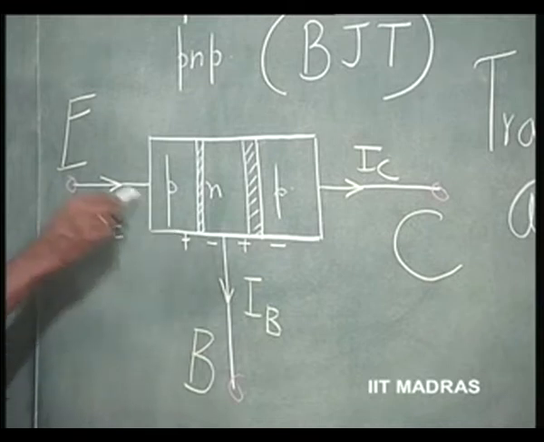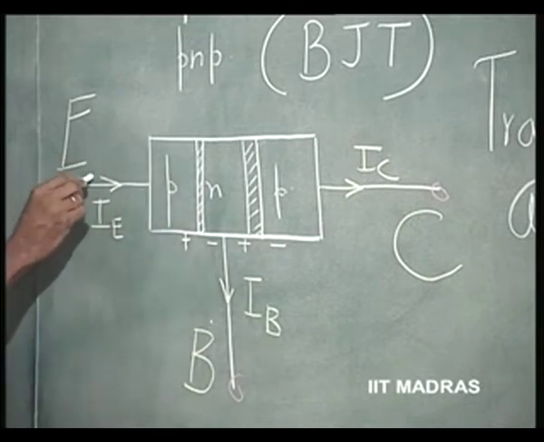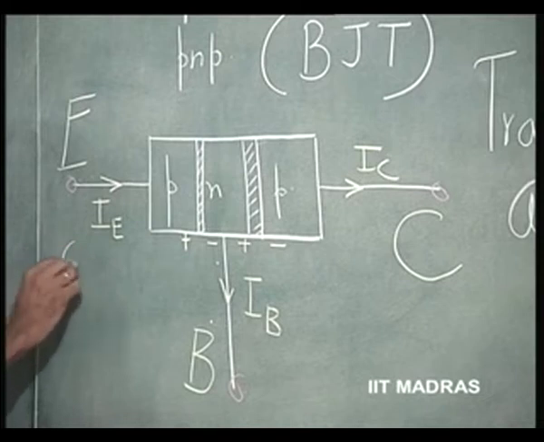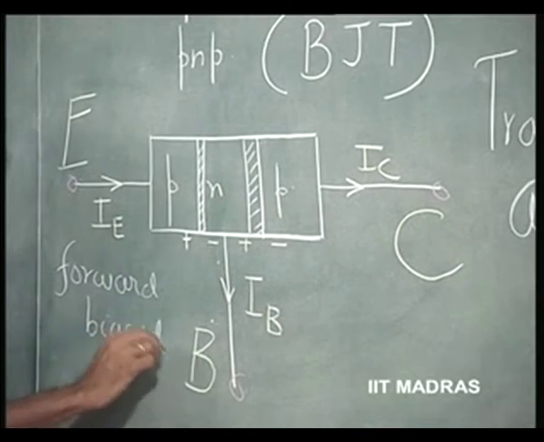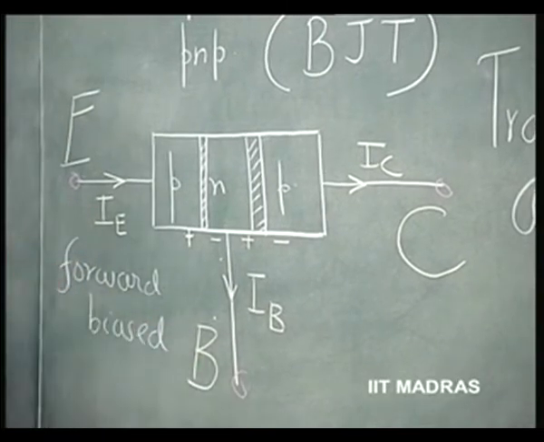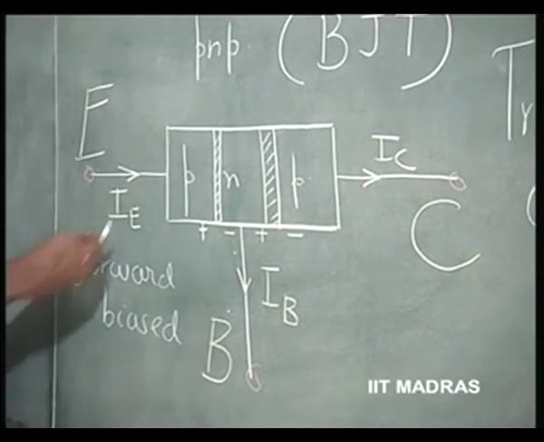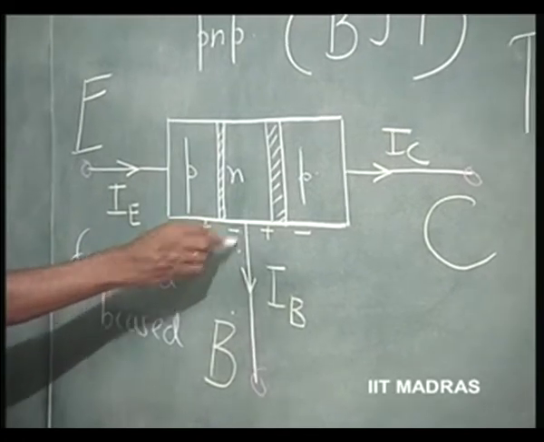This junction is called the emitter base junction. This is normally forward biased. For transistor action, this emitter base junction is normally forward biased, which means P is made positive and N is made negative.